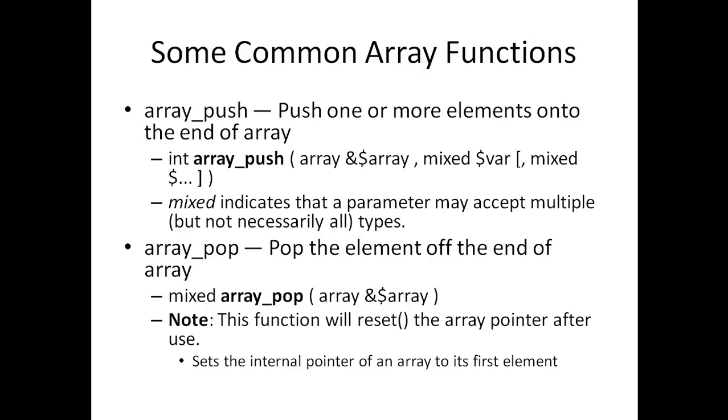Note that the array pop function will reset the array pointer after use. What that means is it sets the internal pointer of the array to its first element. If you pop an element off the end of the array, the internal pointer of the array goes back to the beginning. This is very important for when you're dealing with loops, okay?